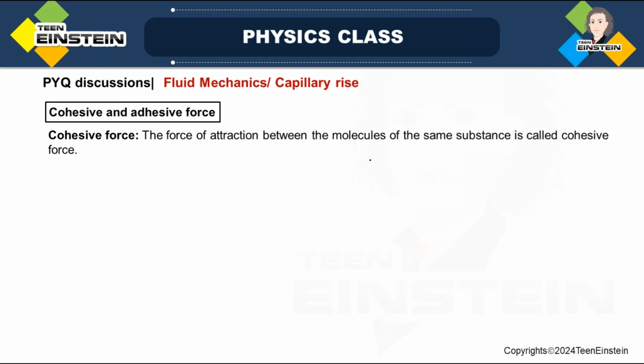So actually there is a tendency that when a liquid surface comes in contact with a solid surface, at the point of contact the liquid surface becomes curved. The nature of the curvature depends on the cohesive and adhesive forces, which are the reason for that curvature at the point of contact between liquid and solid surface.